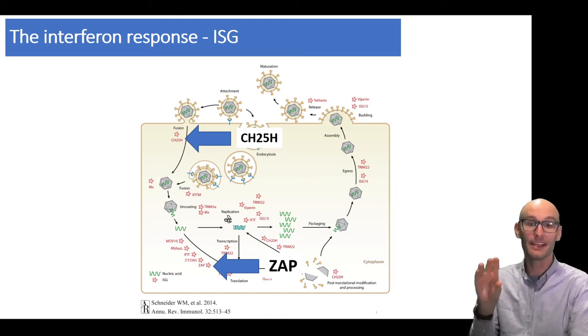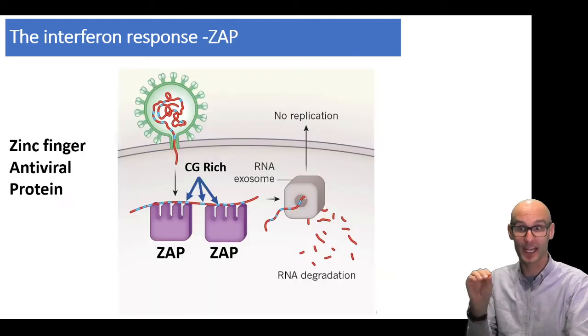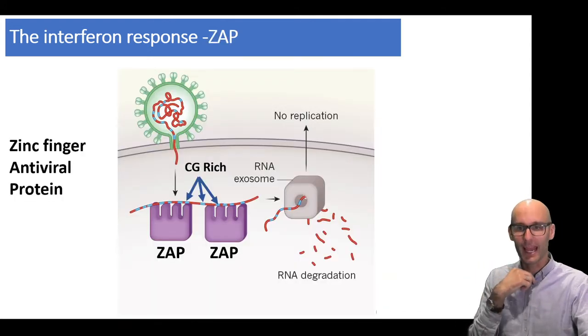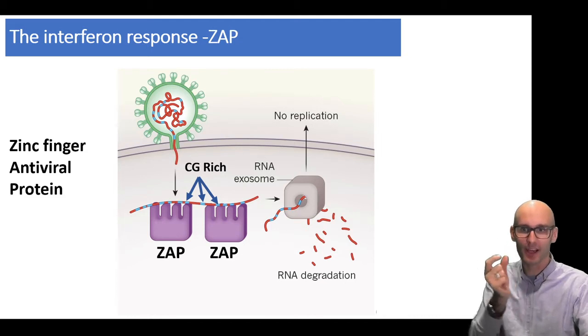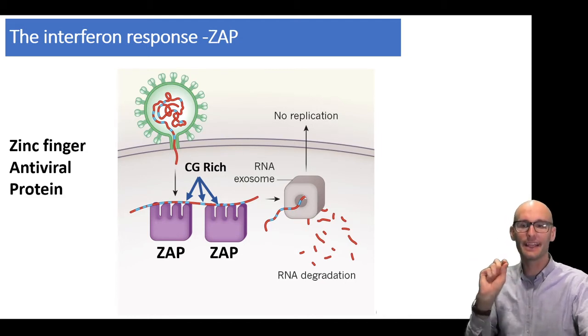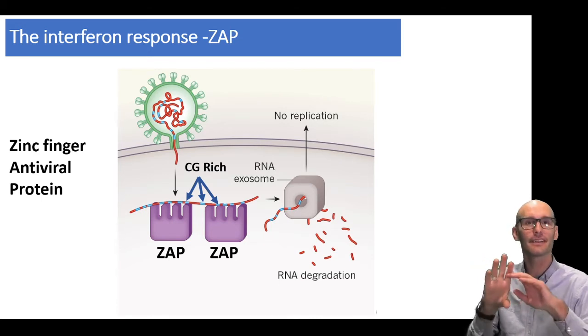So ZAP is a protein that is stimulated by interferon receptor activation. And what ZAP does is it's a zinc finger antiviral protein. It recognizes CG nucleotides, and it detects those CG-rich regions, and all it does is it binds to it.